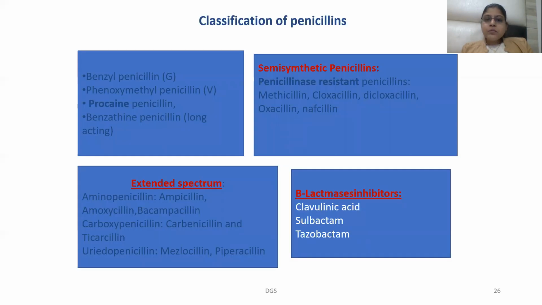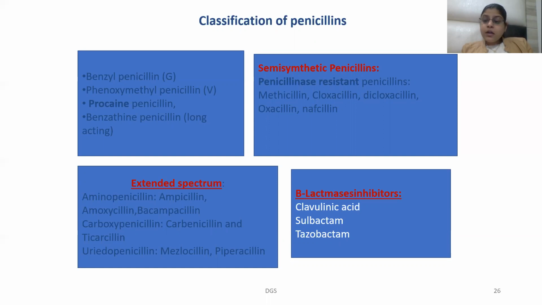These are the classifications of penicillins. These are the normal original penicillins like benzathine penicillin, procaine penicillin, and penicillin G. Semi-synthetic penicillins are the penicillinase, or beta-lactamase, resistant penicillins: methicillin, cloxacillin, dicloxacillin, oxacillin, nafcillin.